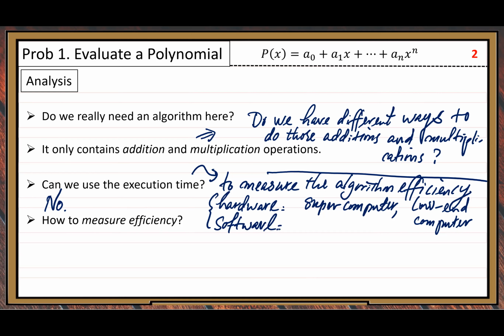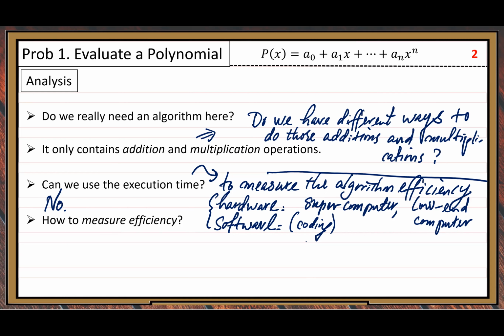The software side, coding. Let's just talk about the coding side. When we implement the same algorithm in our computer programs, different programmers can write different types of code, right?